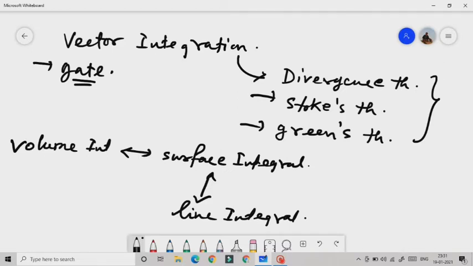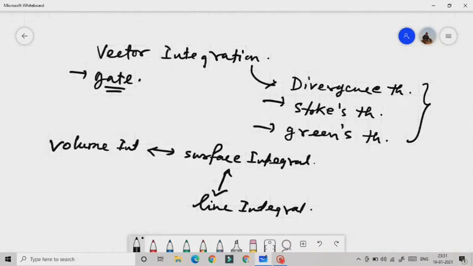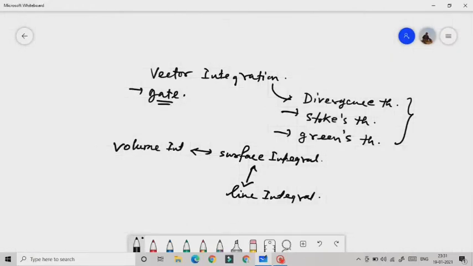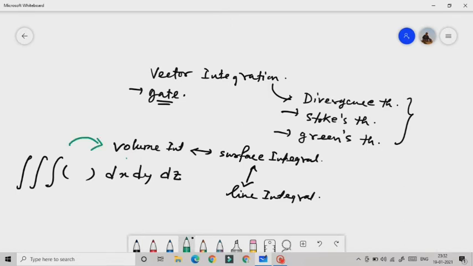So first of all, when we talk about volume integral, that means you have this sort of integral. Suppose you have this function and dx dy dz, this is your volume integral.